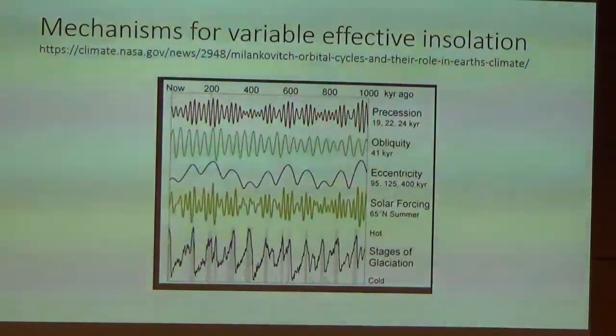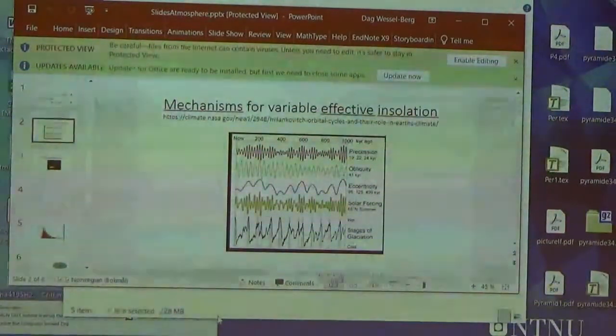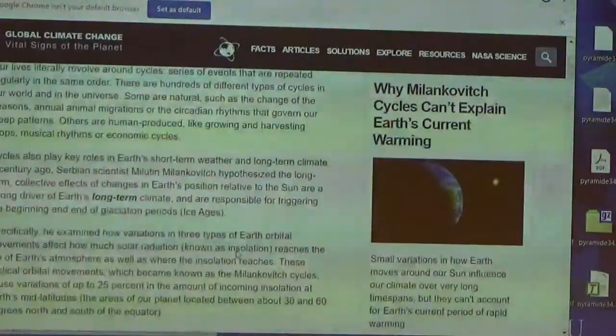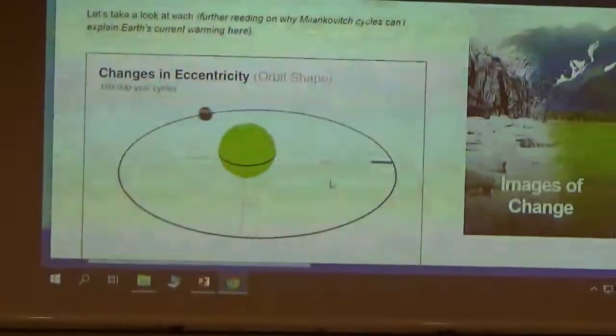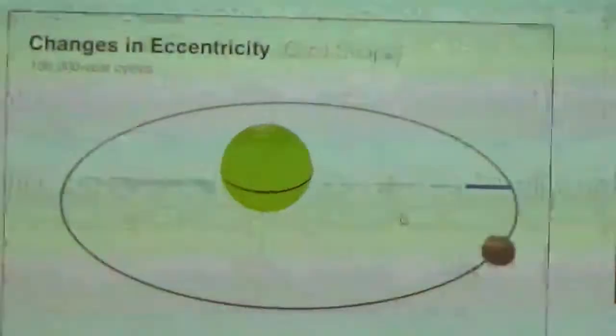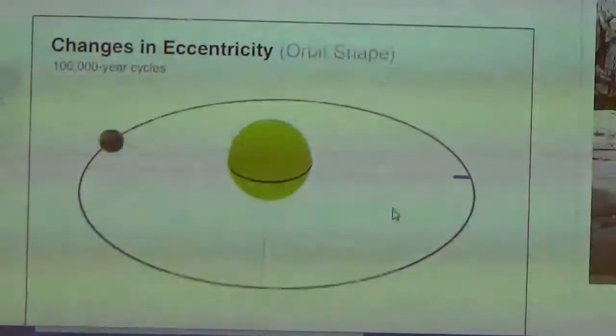Then we have the obliquity, which is, yeah, eccentricity. If you want to see a bit closer what these mechanisms are, I found a nice page, Milankovitch cycles and their role in Earth's climate. You have these changes in eccentricity, which of course affects climate, which has a 100,000 year cycle.